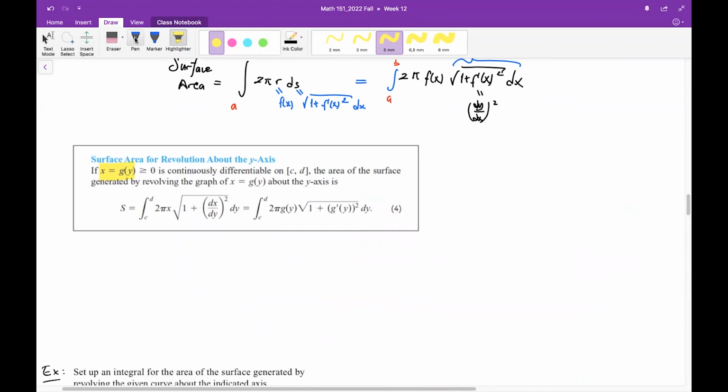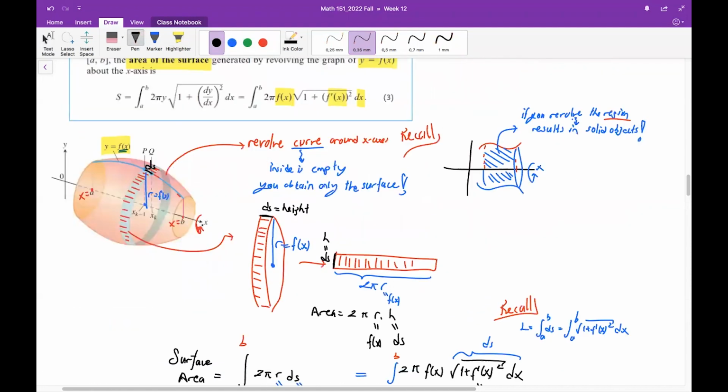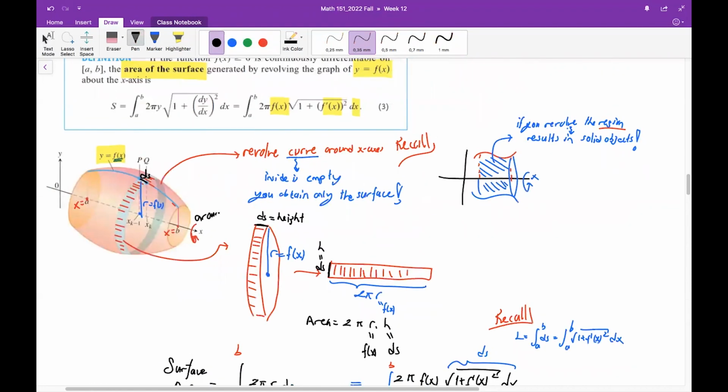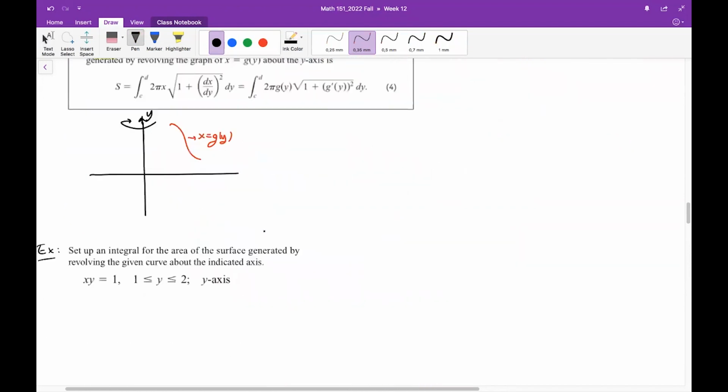Let's also draw a picture for this case. This time your curve is this one, where the equation of it is given by g of y. And you revolve this curve around the y-axis. Remember, we revolved our curve around the x-axis in the previous setting, now around the y-axis.